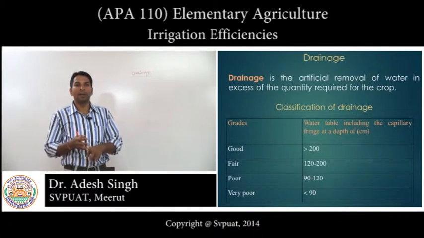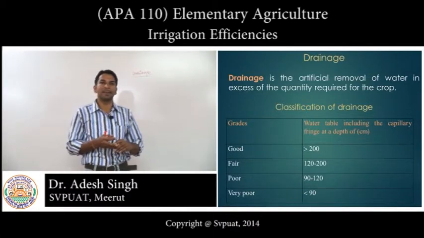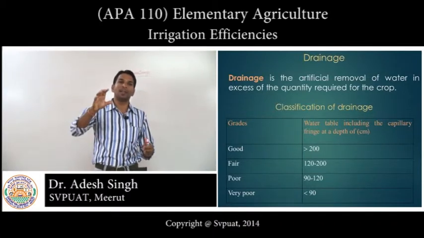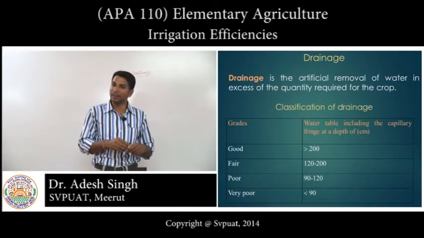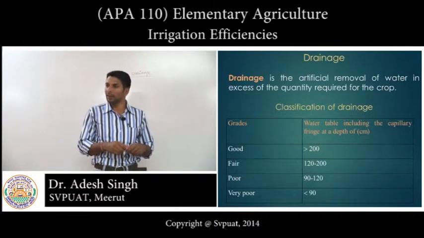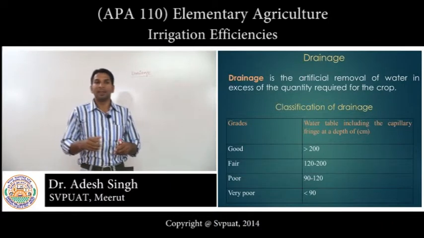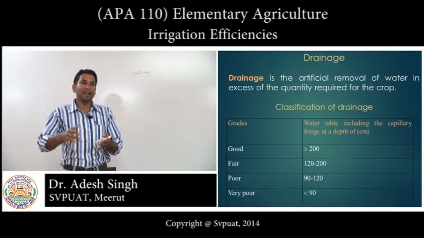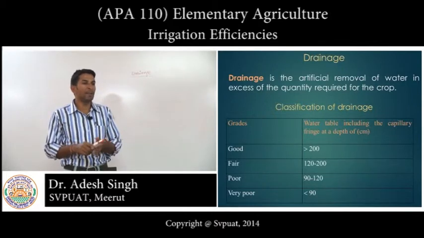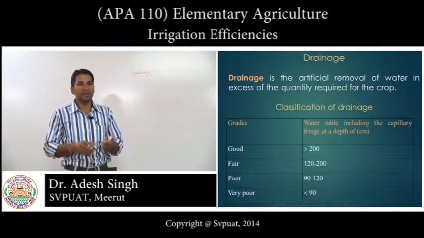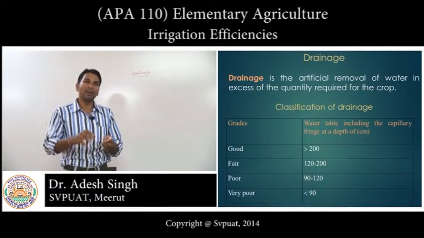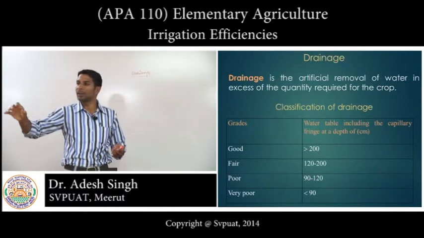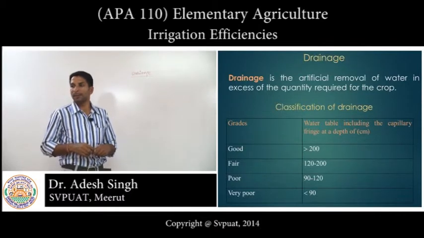You all know that in favorable conditions 25% of the soil pores are filled with air and 25% with water. So if the air is less, then more water is there, and if more water is there, it will create certain problems. So proper drainage is needed for optimum growth and development of the crop plants.